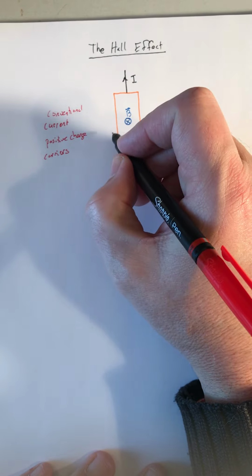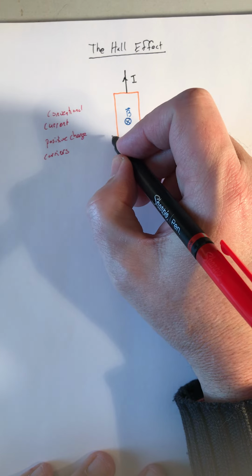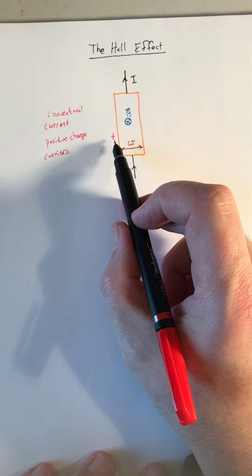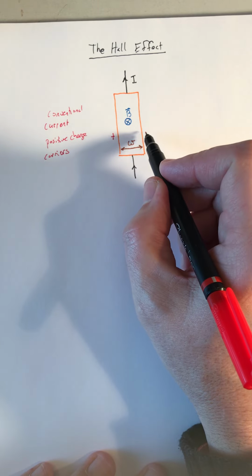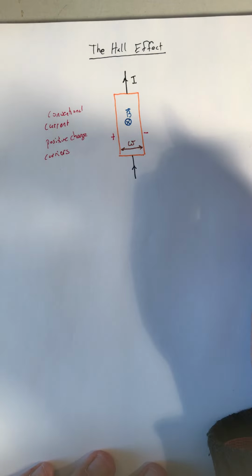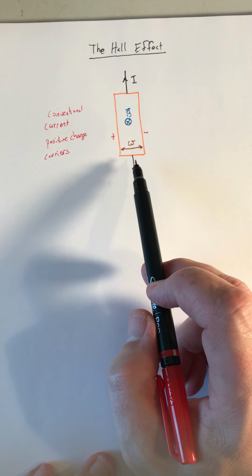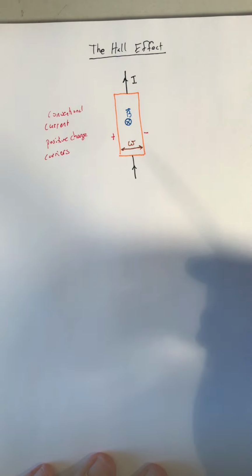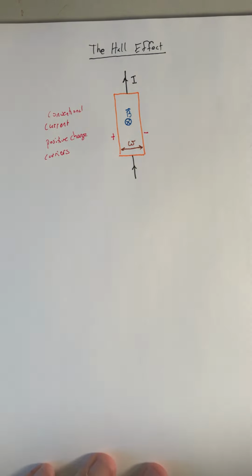So the left side of the conductor will build up a positive charge, and there would be an absence of positive charges on the right side. So those would be negative. So the Hall voltage measured left to right would be a positive number if it was conventional current.